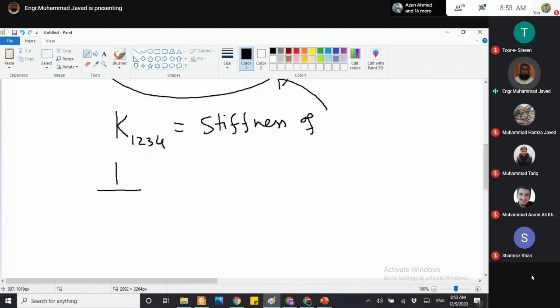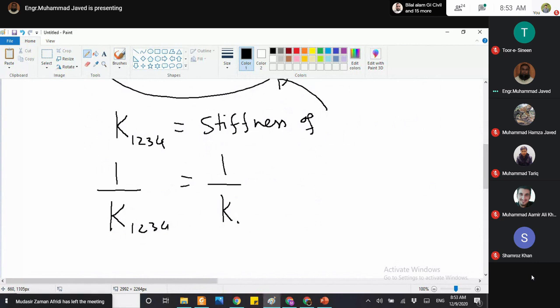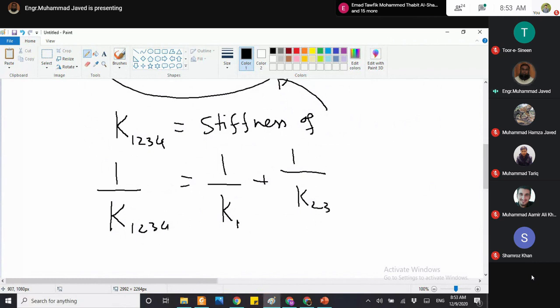Then we can use this equation, 1 by K1 plus 1 by K2, 3 plus 1 by K4.